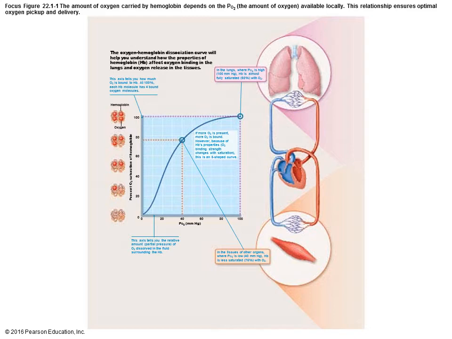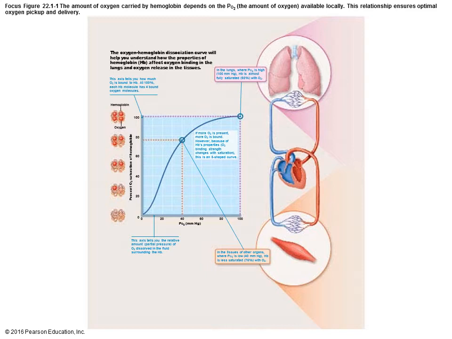It's not a linear graph, it's more of an S-shaped graph. And so in the lungs, where the partial pressure of oxygen is very high, the hemoglobin is almost fully saturated. But in the tissues, the partial pressure is low, and the hemoglobin is going to be less saturated.